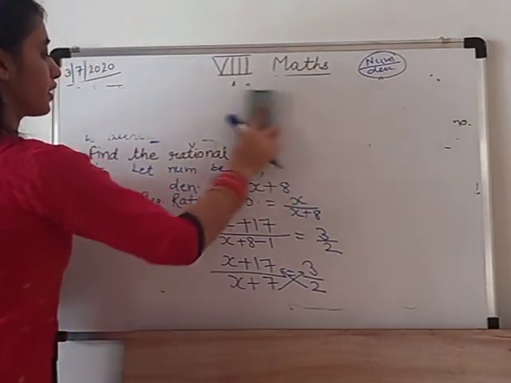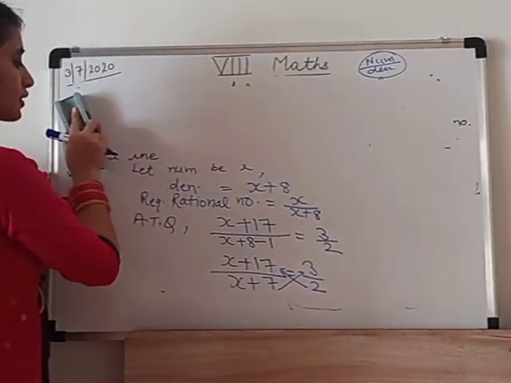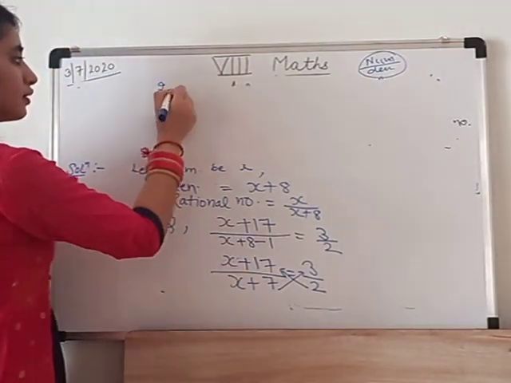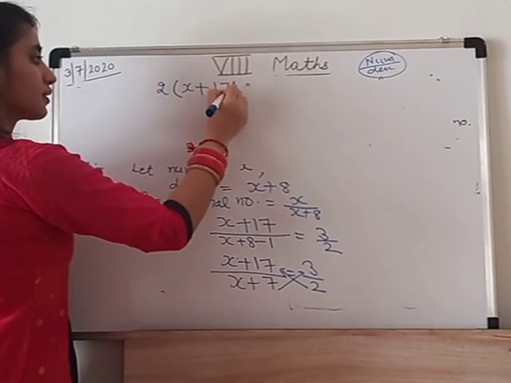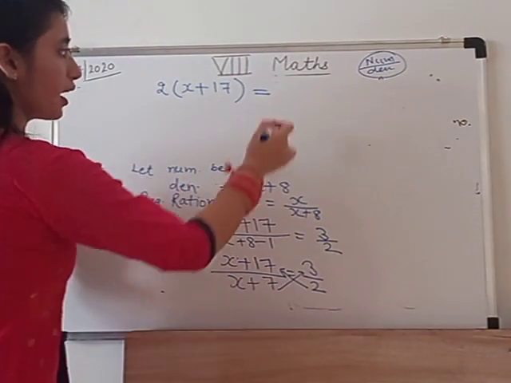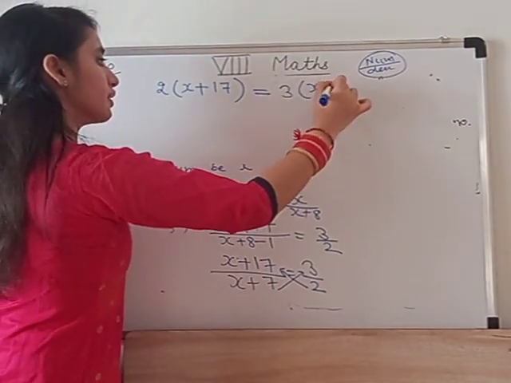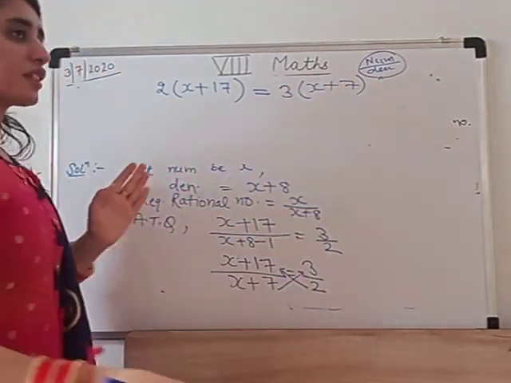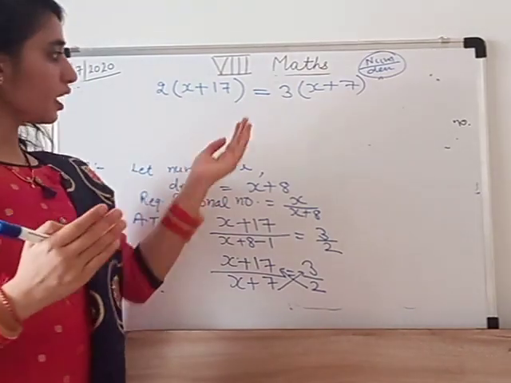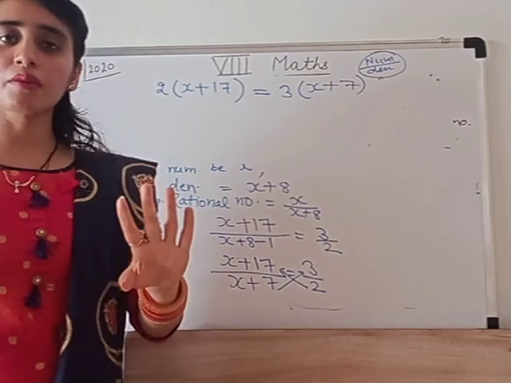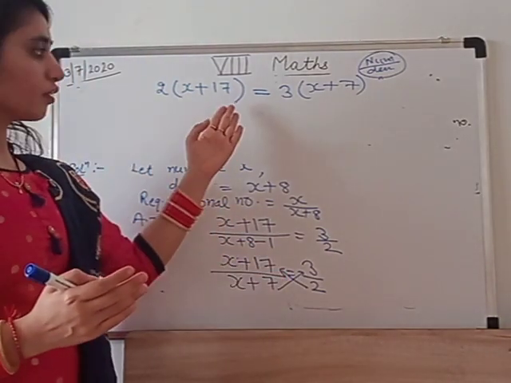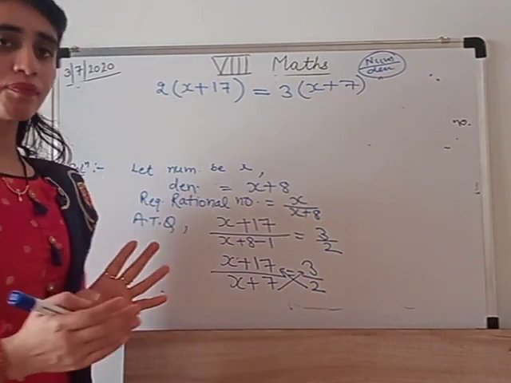2 is multiplied with x plus 17, and this equals 3 multiplied with x plus 7. Now both linear expressions are in the numerator. No linear expression is in the denominator. So we can solve this easily now.